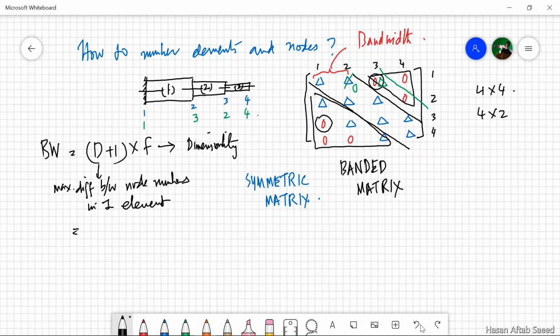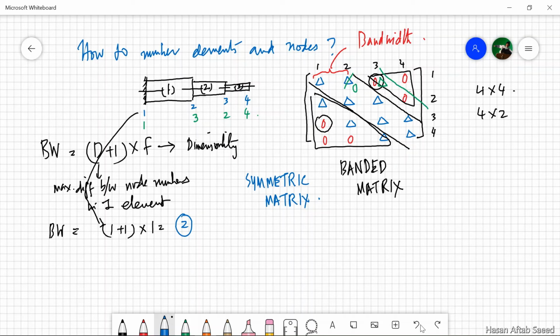So let's check these two. The first one: the difference between node numbers in all elements, 2 minus 1, 3 minus 2, 4 minus 3, is 1. So 1 plus 1, one-dimensional problem, you get, as expected, 2. We knew this one is 2, in blue.